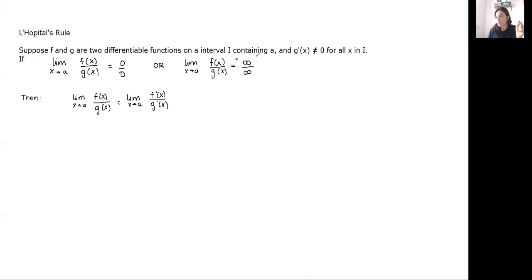Of course, here this is all in quotation marks because there's no such thing as 0 over 0 or infinity over infinity. Does this make sense for everybody?